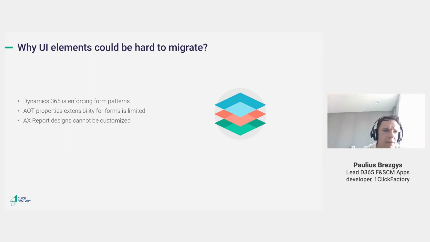There's really limited things you can do on standard forms, at least from the AOT itself. And the third is about the reports. Reports cannot be customized in Dynamics 365, so the standard report designs cannot be customized. These limitations are usually the ones that we see really impacting those migrations from AX on-premises versions.